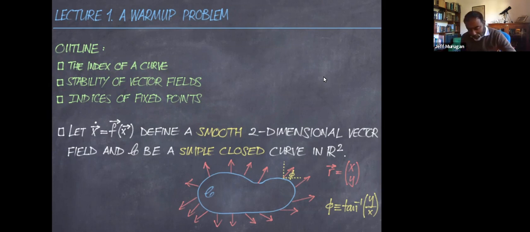Here I've written it as R, but really it should be the vector X, and the vector X here consists of components X and Y. And for each point in the plane, I can draw an arrow. And that arrow is a vector, and the set of all those vectors defines the vector field for me. And the blue curve C is the curve that I'm interested in.